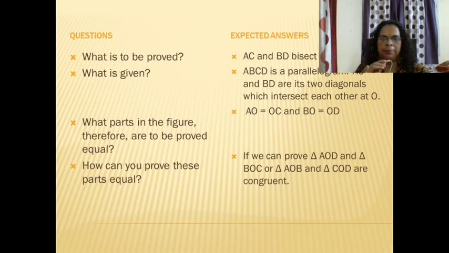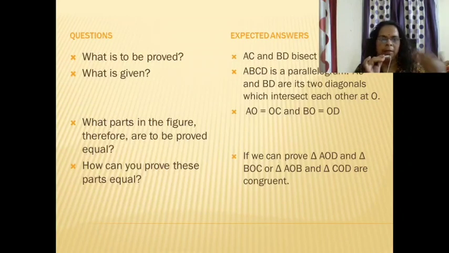AC and BD are two diagonals which intersect at O. This figure we have shown there. According to that figure, they will say the answer. So we have to prove AO is equal to OC and BO is equal to OD. Bisect each other means, since it bisects at O, we have to prove AO is equal to OC and BO is equal to OD.